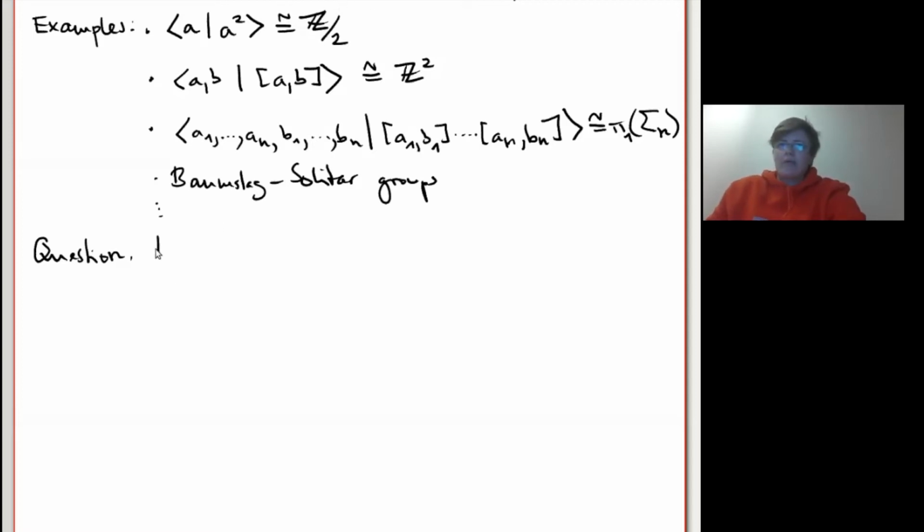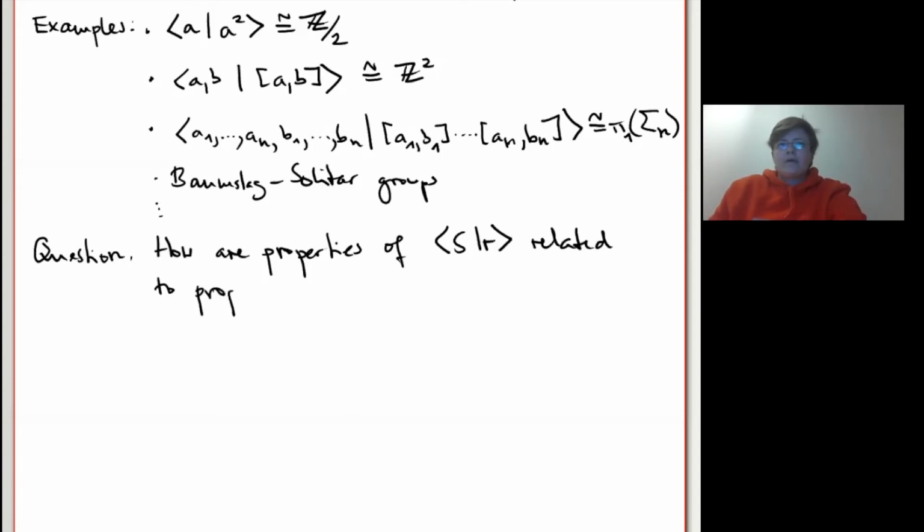So how are properties of this one-relator group related to properties of this relator R?